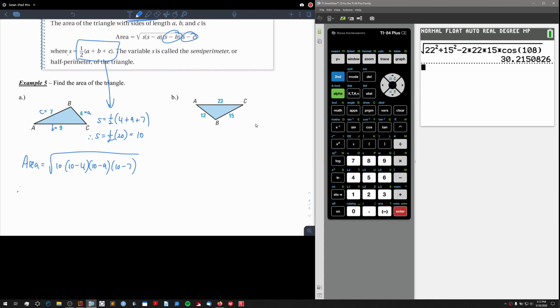The simplest way to do this is to punch that whole thing in your calculator. It's the square root of a number that goes irrational. I think it's 13.42 units squared.